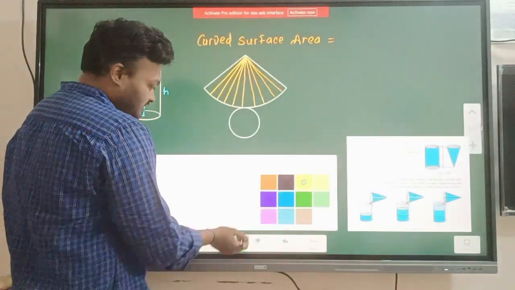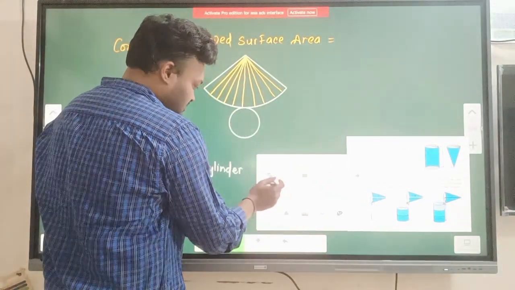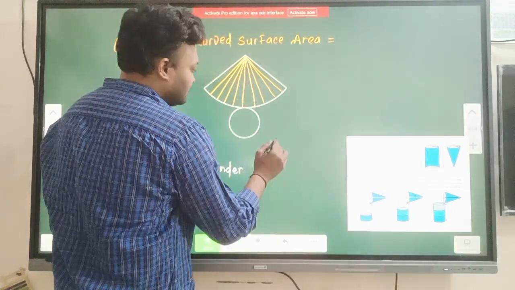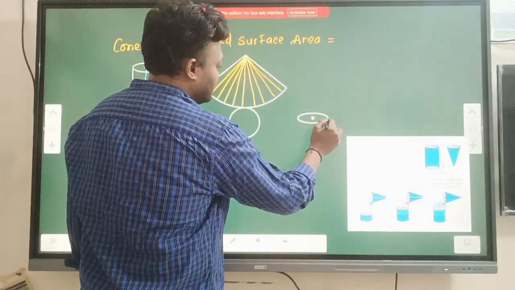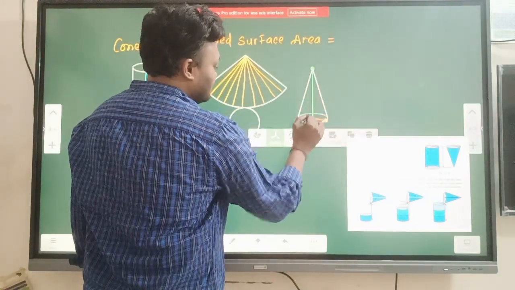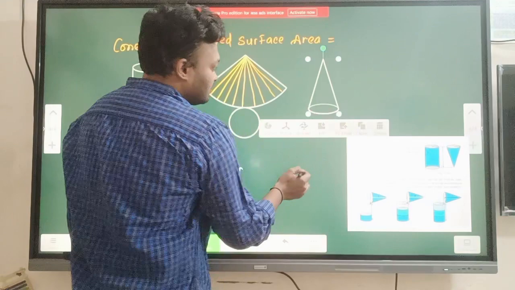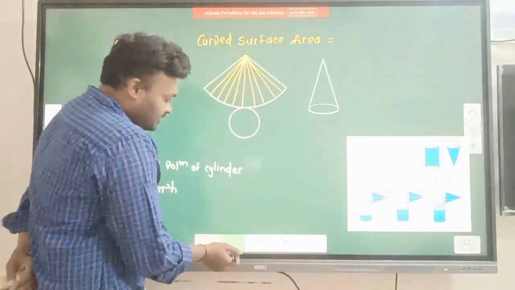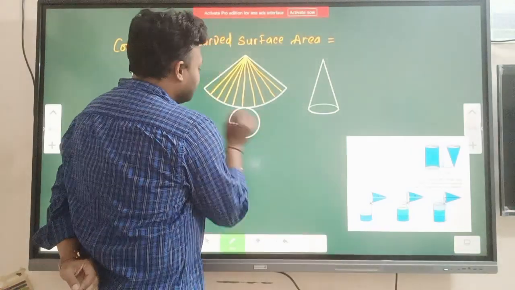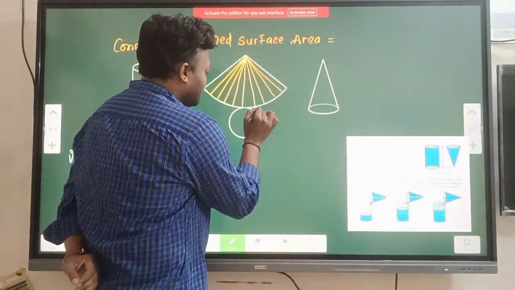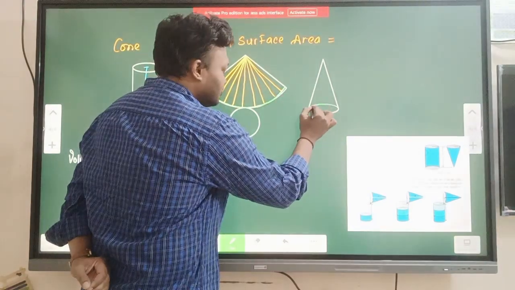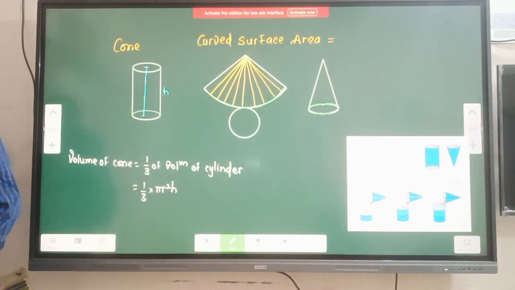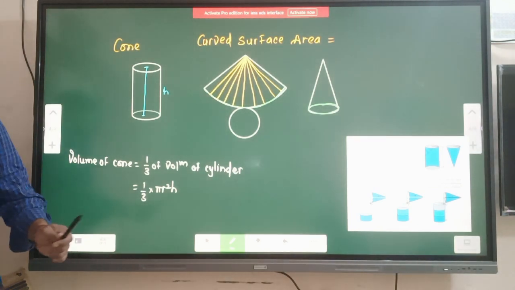These are the small parts we have taken. Now, if you see carefully, this entire shape can be converted into a circle. Remember? This entire shape is converted into a circle.